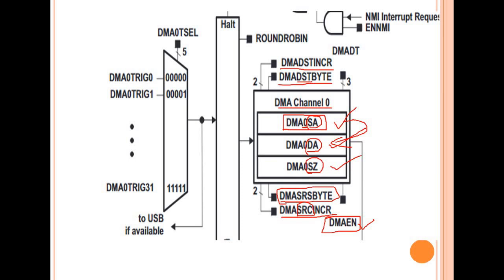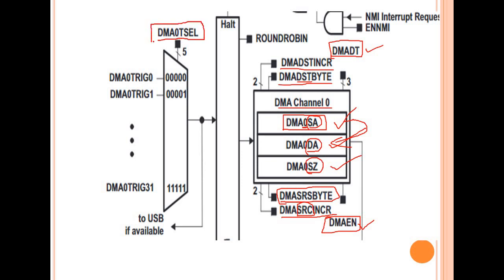Coming here, DMA DT. DMA DT indicates DMA data transfer modes. We have different data transfer modes in DMA in order to transfer your data. These are discussed later. First of all, remember that DMA DT means DMA data transfer modes. And this one is the DMA trigger selection, DMA channel 0 trigger selection.